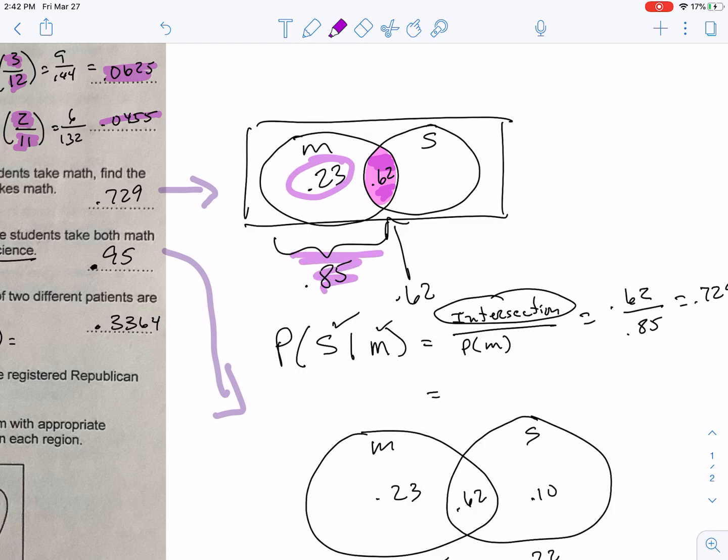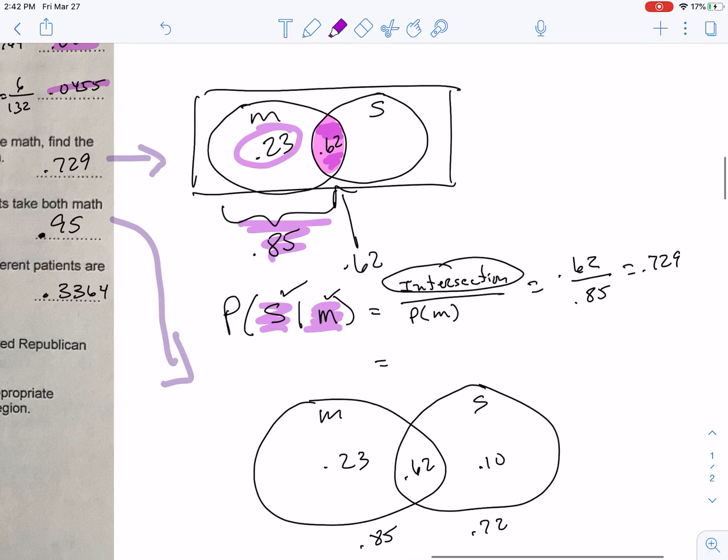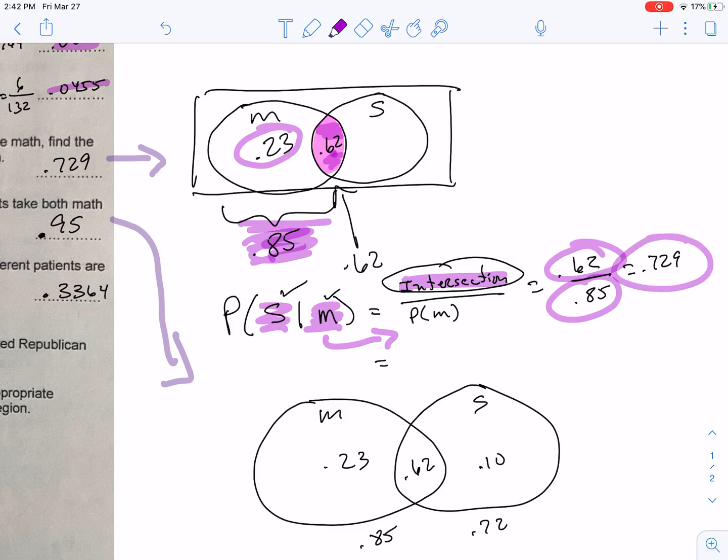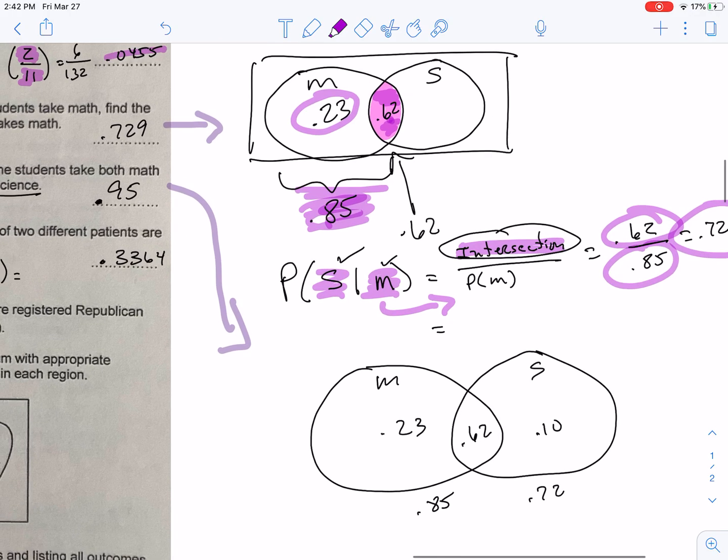Now, it asks, what's the probability that the person takes science given that they are in a math class already? Well, remember, in a given, you have to do the intersection of the 2, which is 0.62, so that's why I put that right there, over the denominator, which is what is given, the probability that it's math, which is 0.85. That gives you 0.729 for that probability.